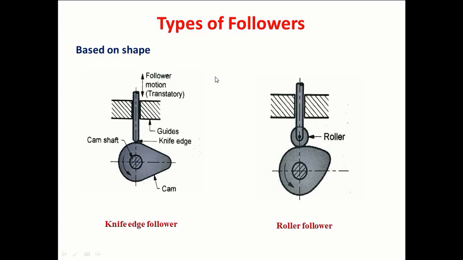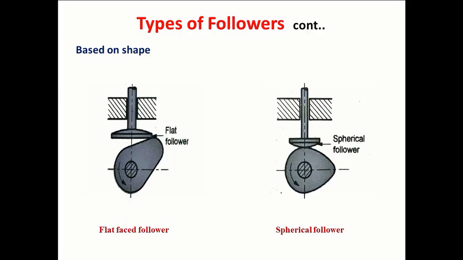Then coming to the types of followers based on shape, we have knife edge follower, roller follower wherein roller is attached to the vertical bar. Then we have flat faced follower wherein the end of the follower is flat, and then we have spherical follower.